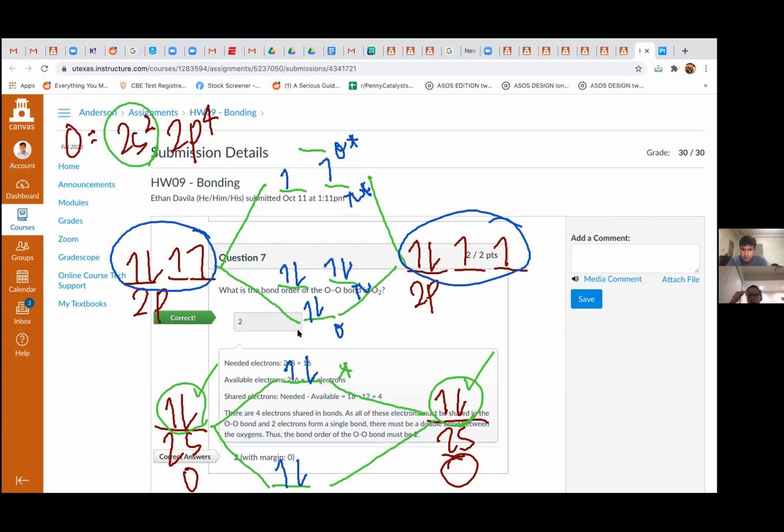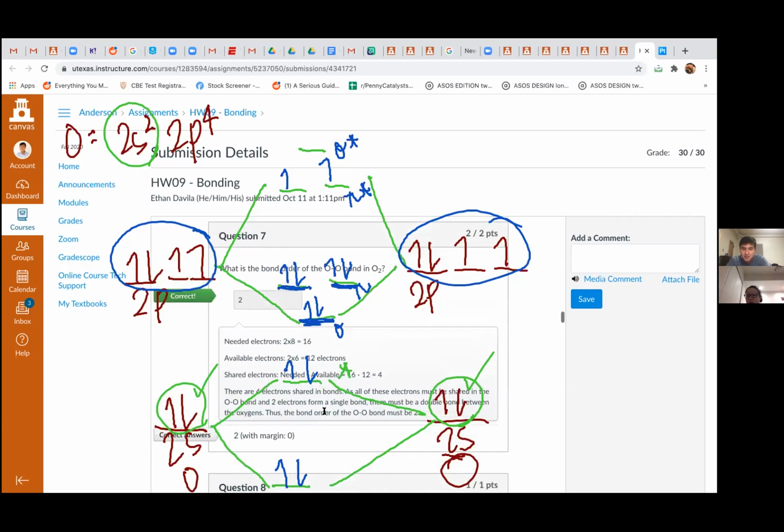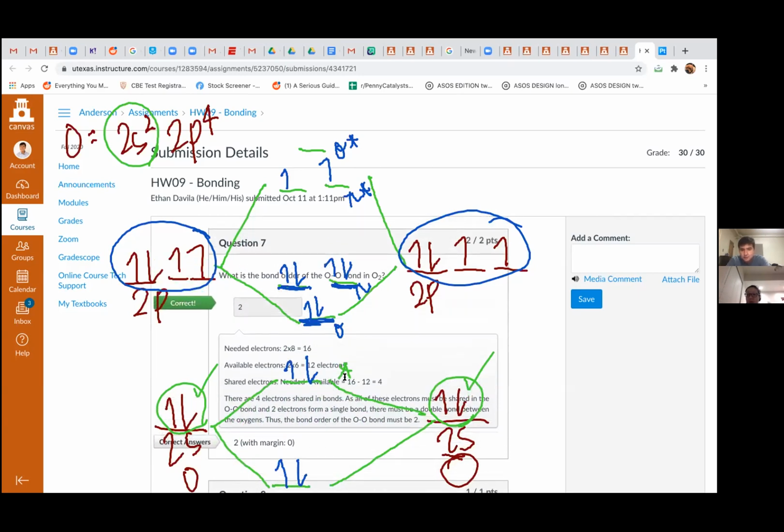You always go from bottom level up. You always draw sigma and then the 2 pi's, because the first bond is always going to be sigma, and then after that it's pi, pi. So you just have to memorize how to draw this? Yep, it's drawn that way.